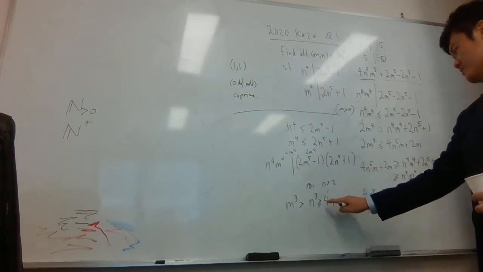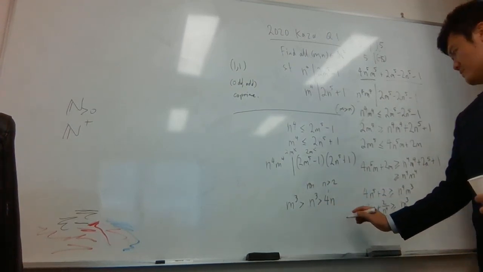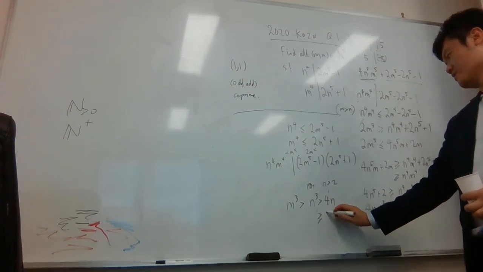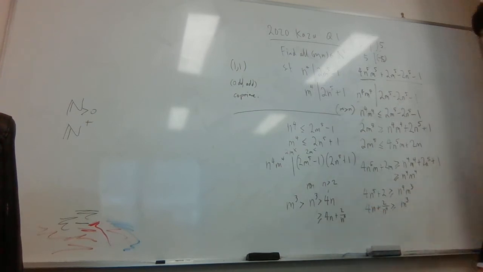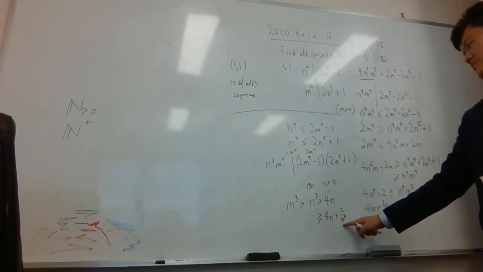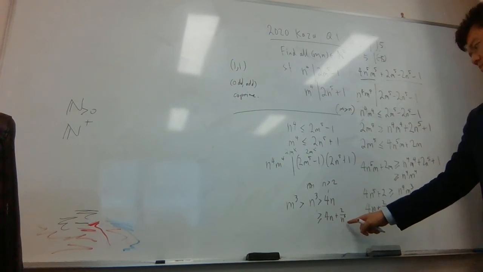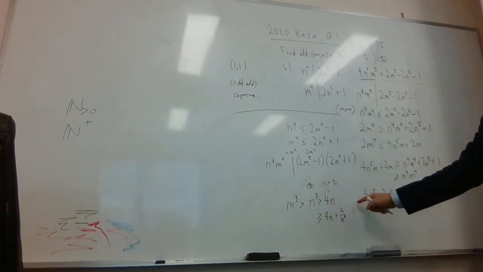If it's strictly greater than 2, then it's strictly greater than 4n. But it has to be an integer, so it has to be bigger than or equal to 4n plus 1, which is bigger than this, right? So if n is bigger than 2, this is a contradiction.